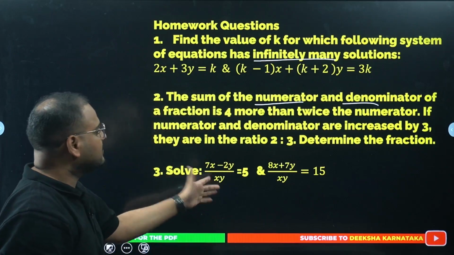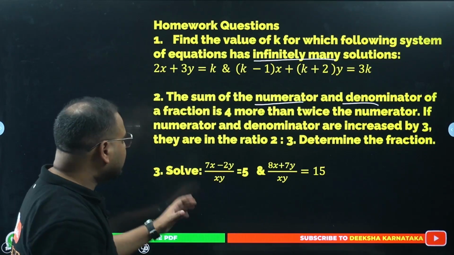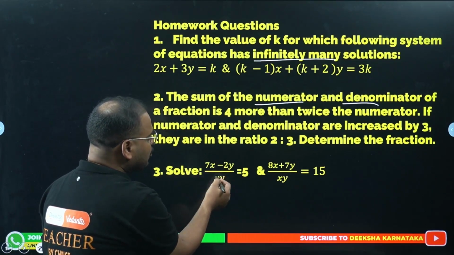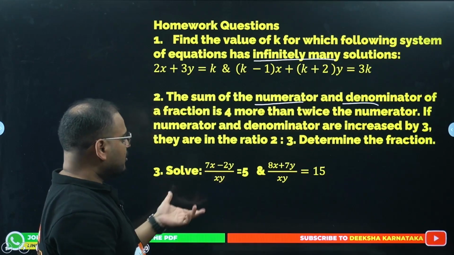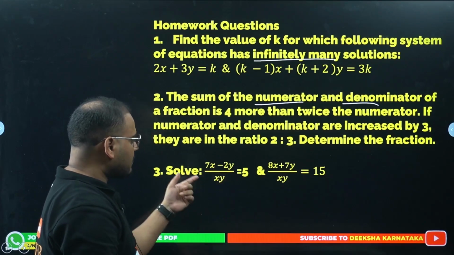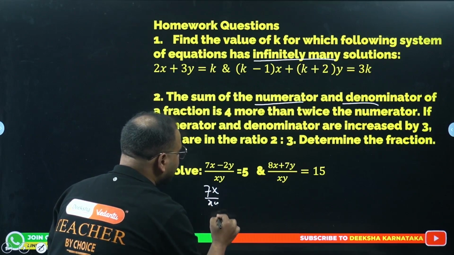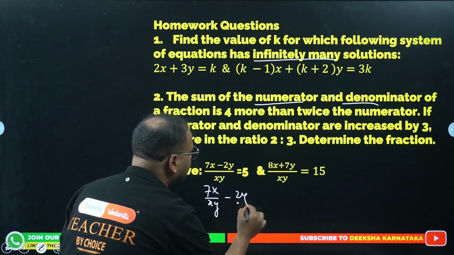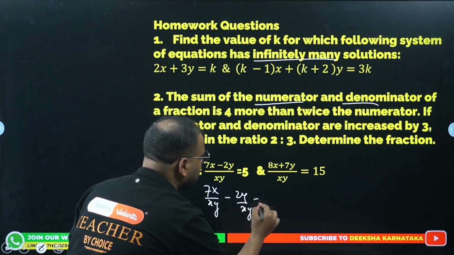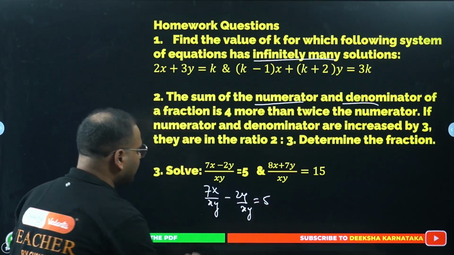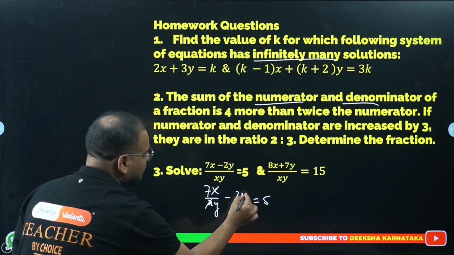This one, simplification. I'll give you a hint. Divide both the terms. What is it going to become? 7x by xy minus 2y by xy equals 5. Cancel x and x, y and y.